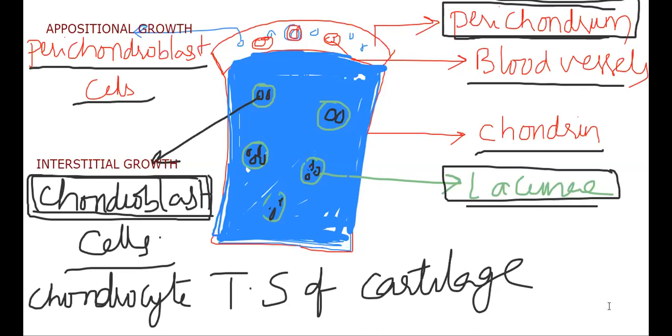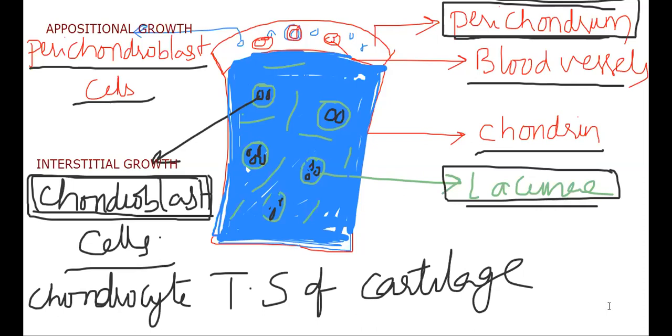Simply, hyaline cartilage means thin collagen fibers are present here, but their visibility is comparatively less. And this is a less rigid cartilage, with thin collagen fibers.